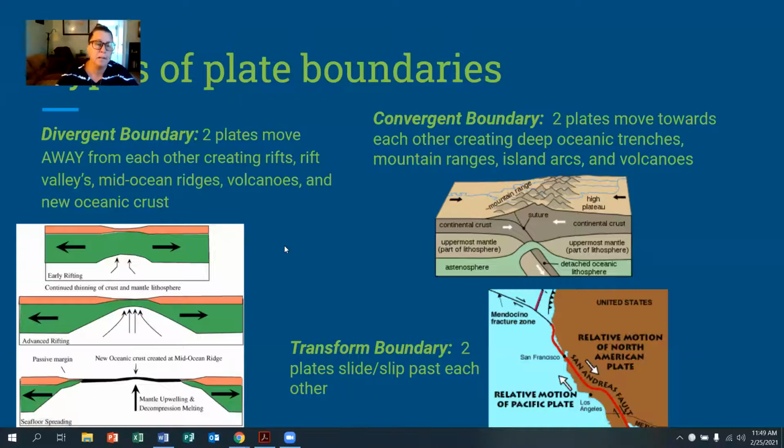And lastly, at the bottom, we have where the mantle is pushing up and is creating new oceanic crust, or a mid-ocean ridge, right? So mid-ocean ridges and new oceanic crust, as well as volcanoes or rift valleys or rifts, are what's created at a divergent boundary.